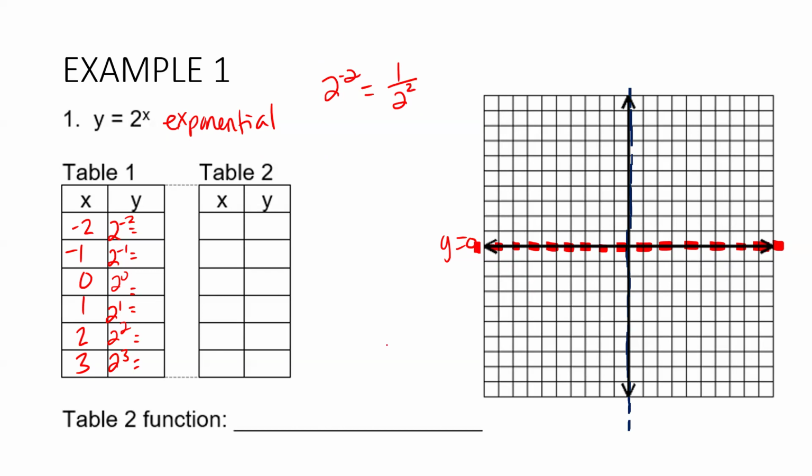When your exponent is negative, it actually belongs in the denominator. So this is going to be 1/4. This is going to be 1/2. What's the 0 property rule? 1. Anything to the 0 power is 1. 2 to the 1 is 2. 2 to the 2, 2 squared is 4. 2 to the 3rd, or 2 cubed, is 8.